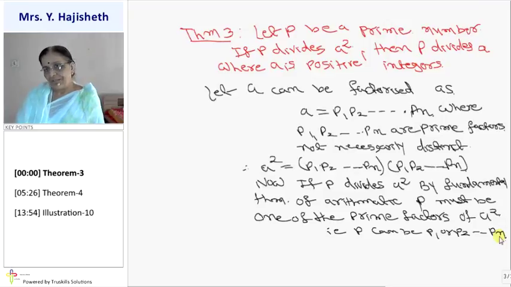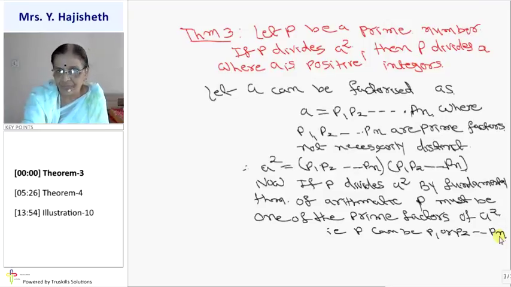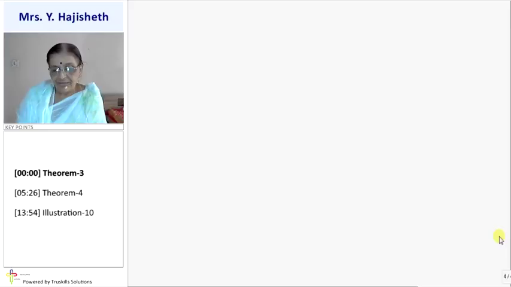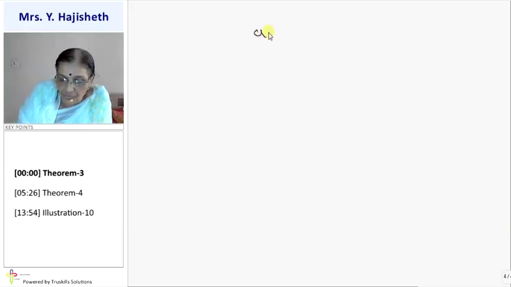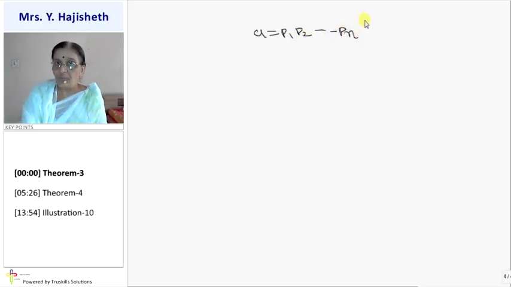And you know, by uniqueness of the fundamental theorem, what can I say? Suppose A is equal to P1 into P2 into Pn. Clear? P is any one of P1, P2, Pn, and P divides A square.